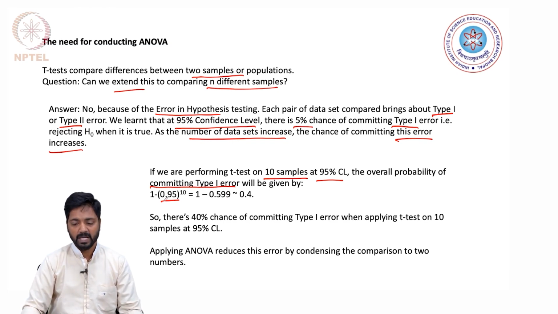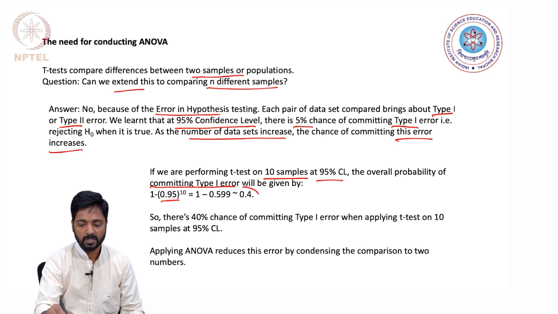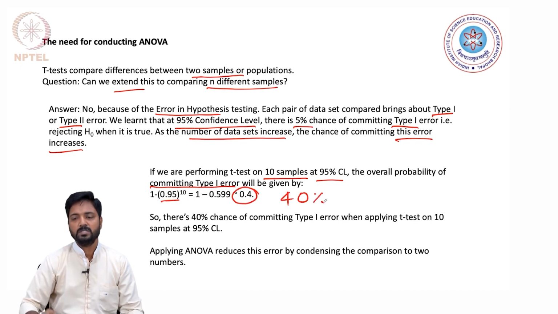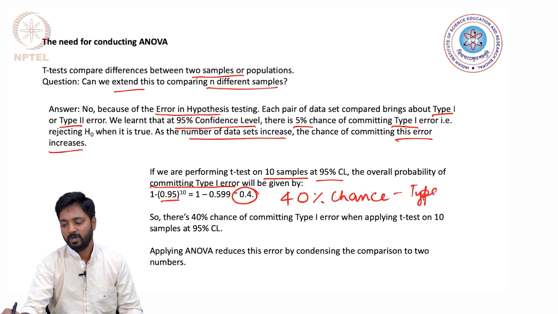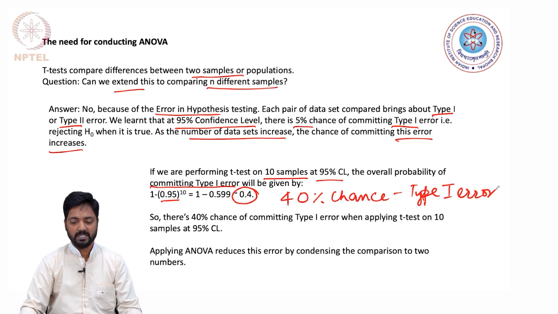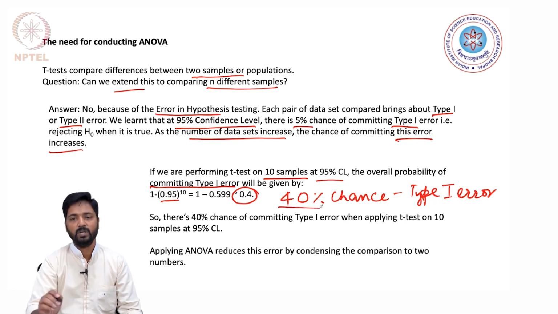When we do these calculations, we figure out that there is about a 40% chance of committing type 1 error. Now this is quite significant, and that means that any prediction or any inference that we make based on this statistical analysis will be erroneous by about 40%.